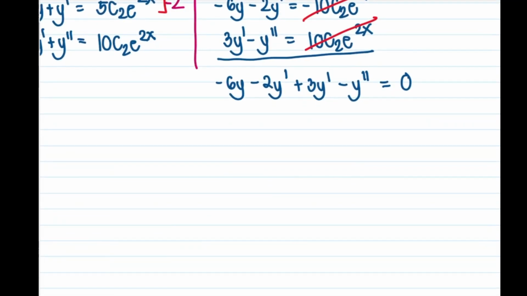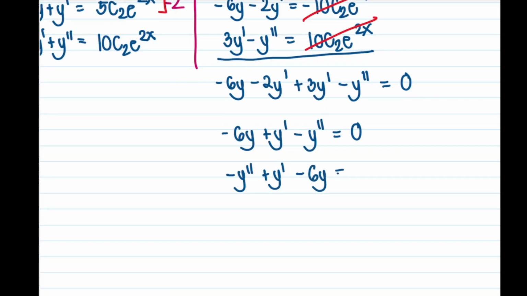So let us simplify like terms. So that one will be negative 6y plus y prime minus y double prime equal to 0. So this one will be your answer. However, we can simplify this by arranging y double prime plus y prime minus 6y equivalent to 0.